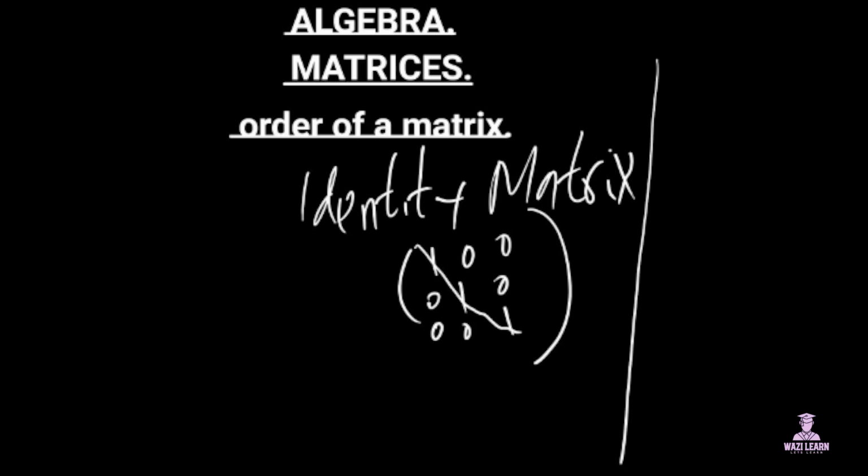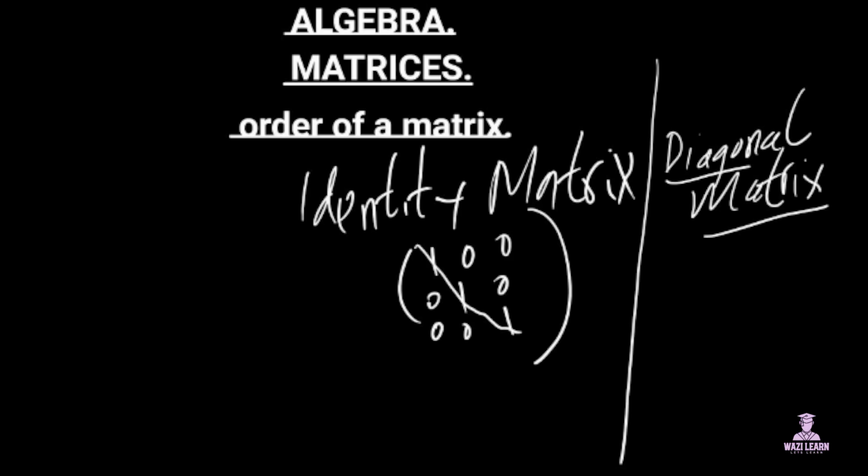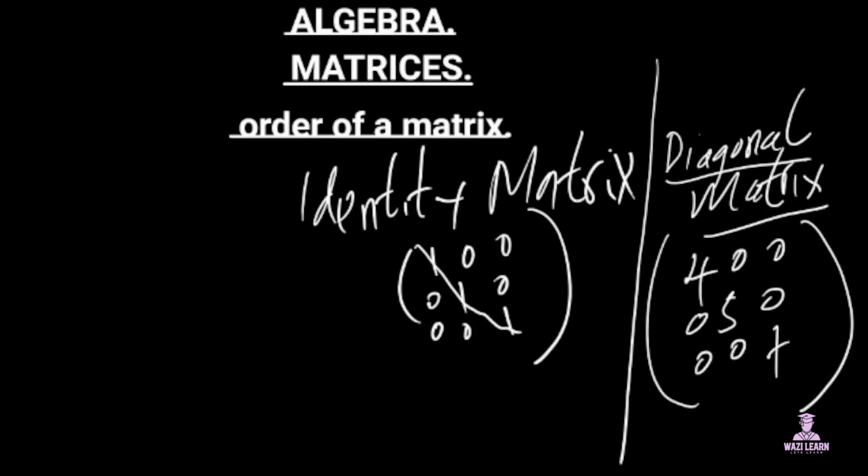Another type of matrix is the diagonal matrix, where in the main diagonal we have non-zero numbers. For example, 4, 0, 0, 0, 5, 0, 0, 0, 7. If the main diagonal has non-zero numbers that are not all 1, and the other elements are 0, such a matrix is known as a diagonal matrix.